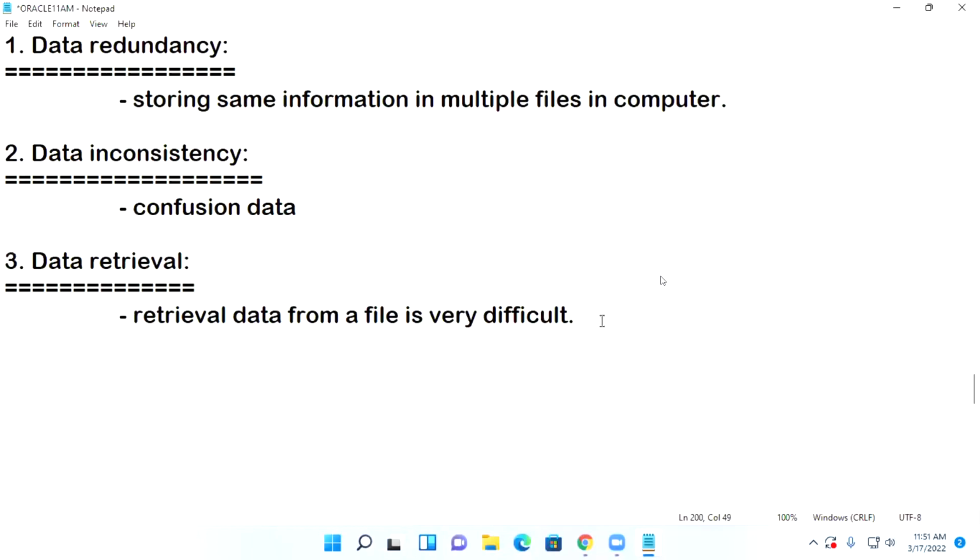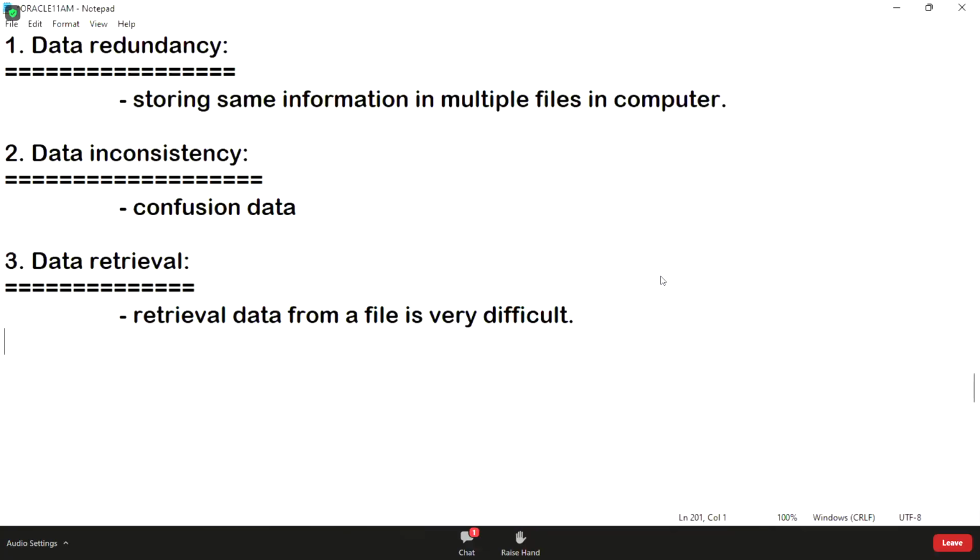Generally, guys, whenever you want to read your data from a file, the user cannot read it directly. For reading purposes, we need to write some application program, in C, C++, Java, .NET, maybe Python.